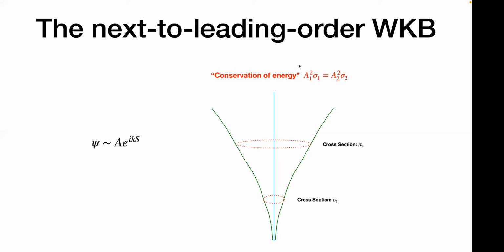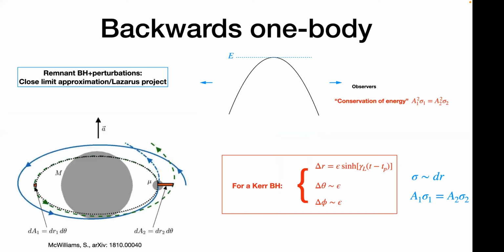Having provided some relevant background, let's start to look at what the Bob model is. The core idea is as follows. When two black holes get very close, the outer space-time can be treated as the remnant black hole plus some perturbations. In fact, this idea is not new. For example, the famous close limit approximation also uses this idea.